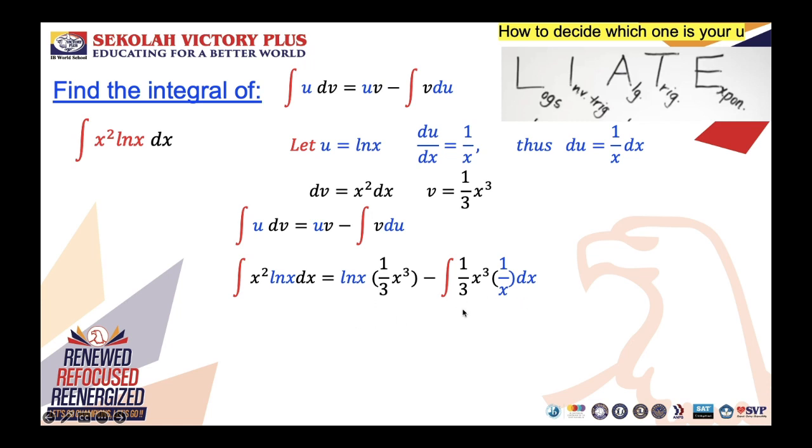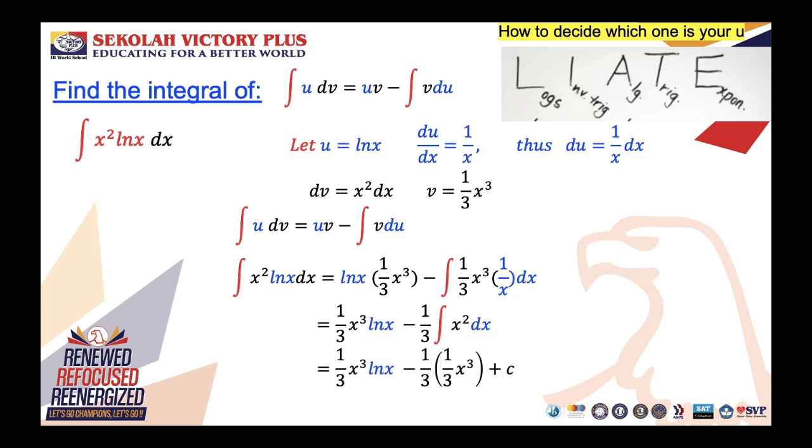When we simplify this, it now becomes 1/3. We put 1/3 outside. x cubed and 1 over x can be simplified as such. Continue to simplify. Thus, you will get this function, and therefore, this is now the integral of x squared ln x dx. And that is how to use integration by parts.